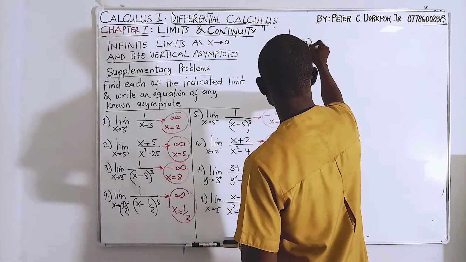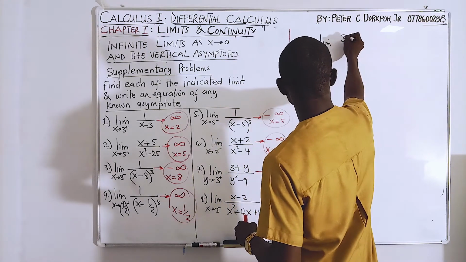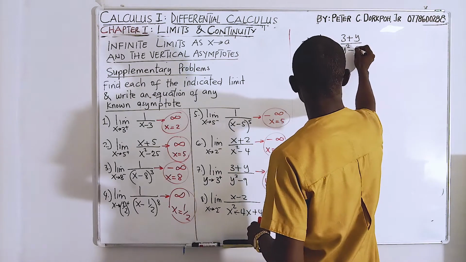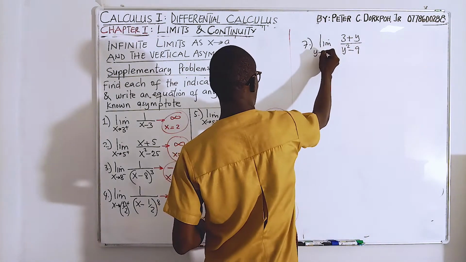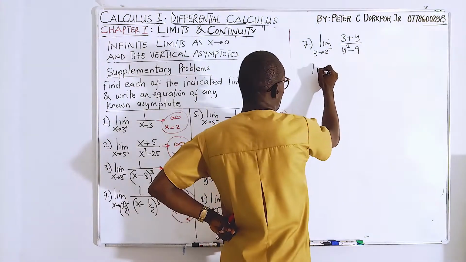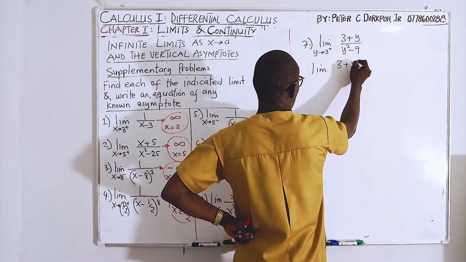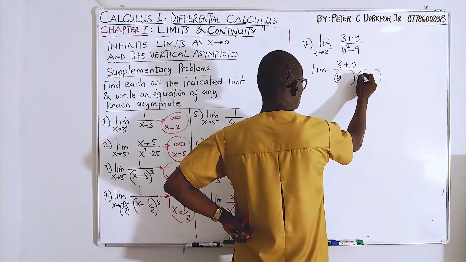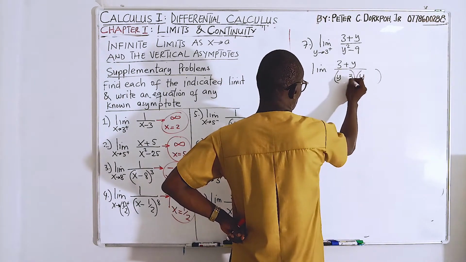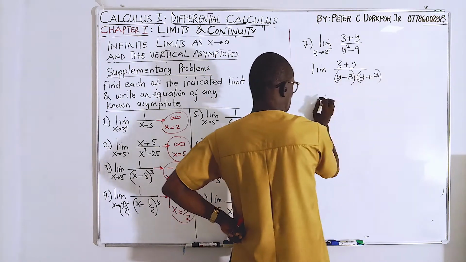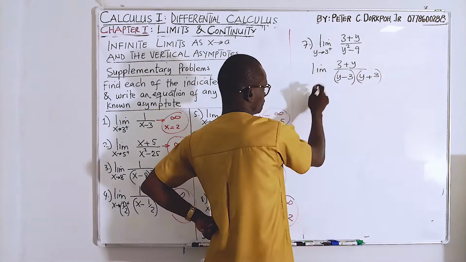So question 7 says the limit of (3 plus y) all over (y squared minus 9) as y approaches 3 from the right. So now we have 3 plus y all over, we factor the denominator. So it's y times y is y squared. 3 times 3 now is 9, negative, and positive will give us 0 because the middle term is 0.